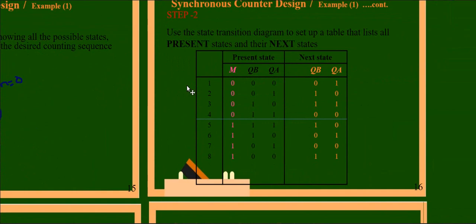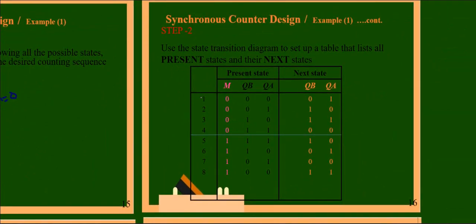Now we can go with step 2, the state table. It is a table of the present state and next state. The present state we call QB and QA, and the next state we call QB plus and QA plus.